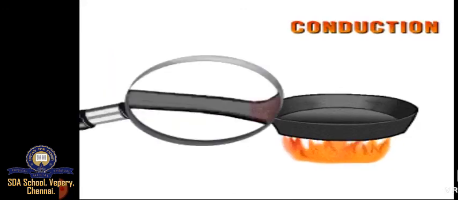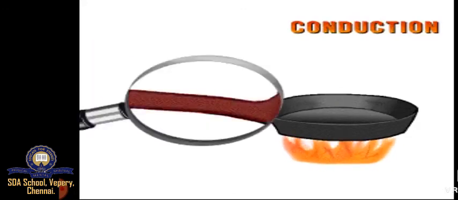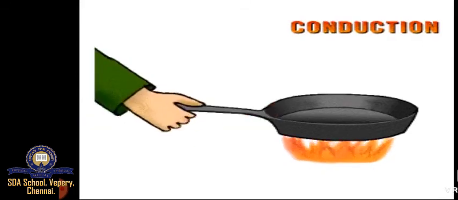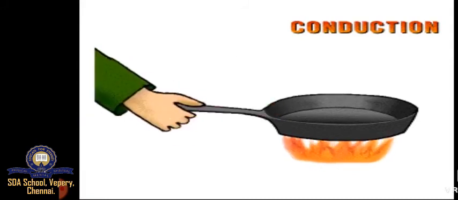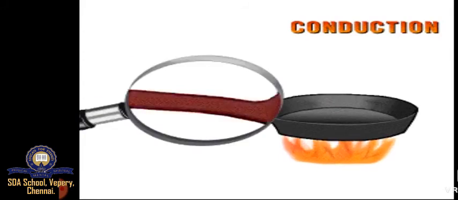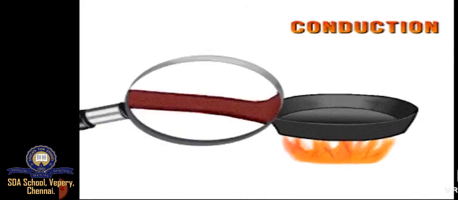See, this metal pan was heated, but why, when heat was given only on one particular surface, did the other end also get heated? This is the property of metal. Wherever it catches heat, it immediately passes it on to the other place. This property we call conduction of heat.